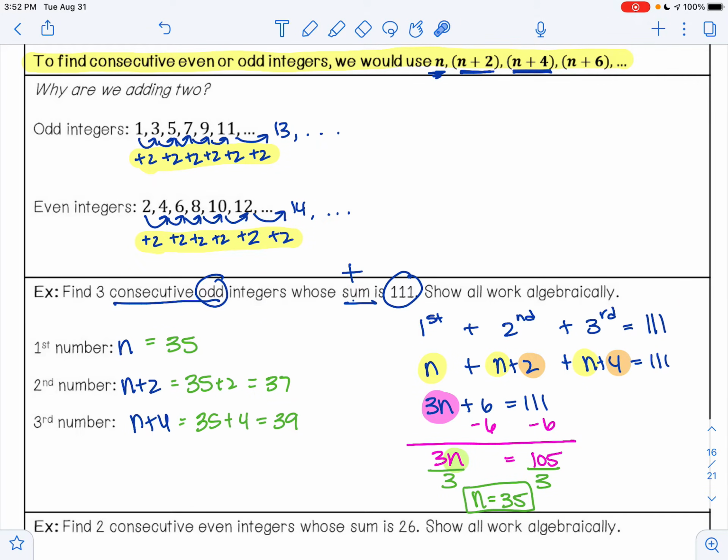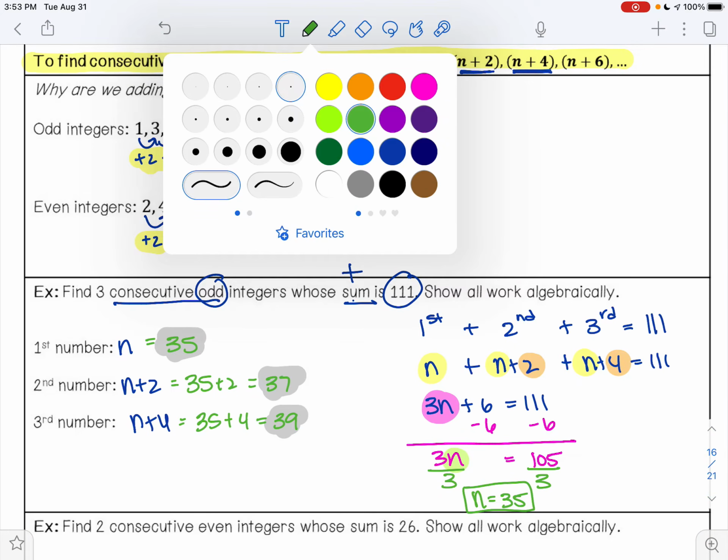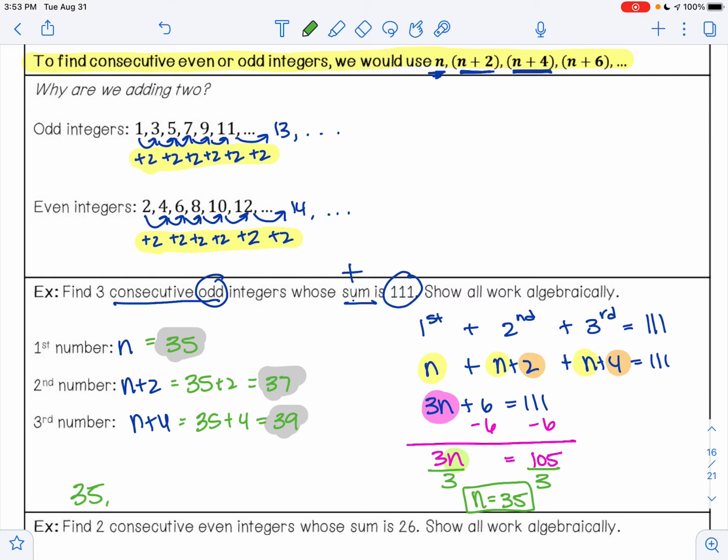If you get a decimal or a fraction when you're doing this, you did something incorrectly, because an integer is not a decimal or a fraction. Also, if I got any even numbers here, I would have known I made a mistake because we are looking for odd numbers. So my answer is 35, 37, and 39. Those are my 3 consecutive odd integers that add to 111.